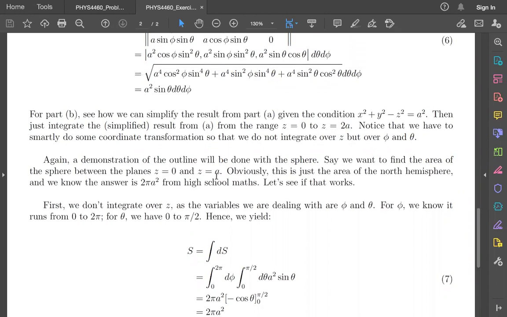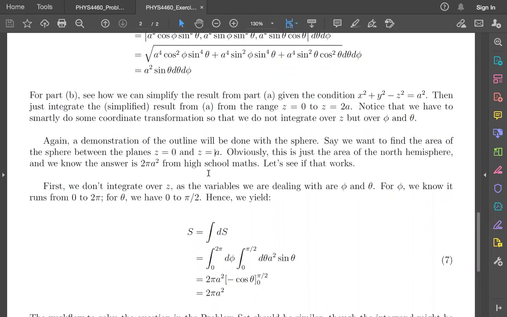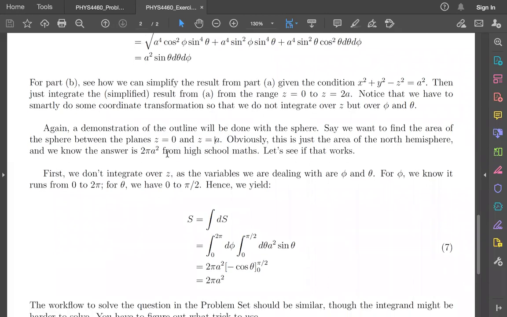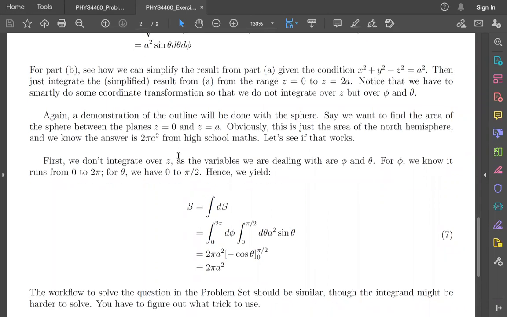And recall that the sphere we are dealing with has radius a. So actually this plane is touching the north pole of the sphere. So the area of the sphere between these two planes is nothing but the area of the north hemisphere, and we know that the area is 2 pi a squared. Okay, it's very simple math.